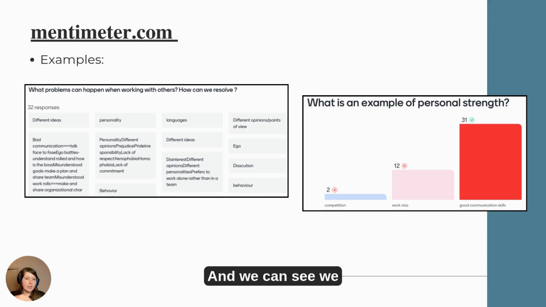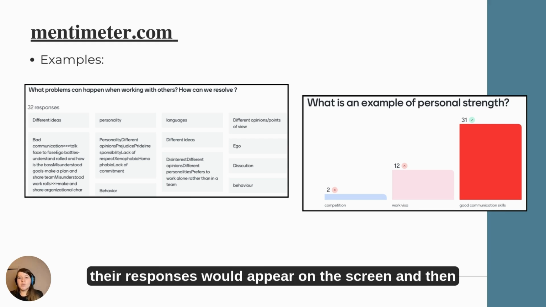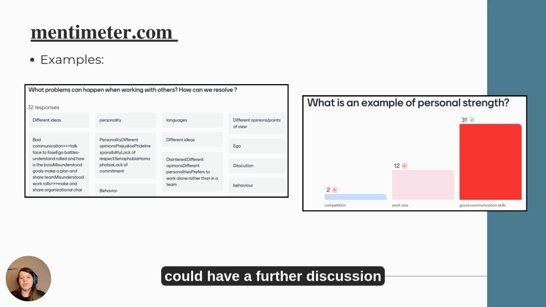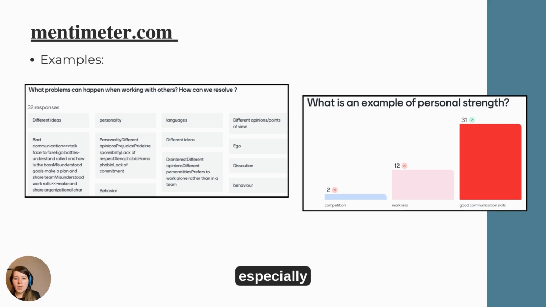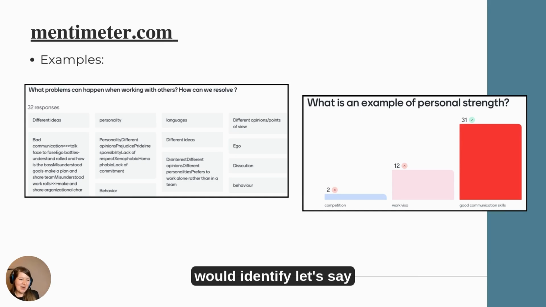We can see we have 32 responses. Once they click submit, their responses would appear on the screen, and I would go through the answers, and we could have a further discussion. This was interesting because some would identify exactly the same barriers.